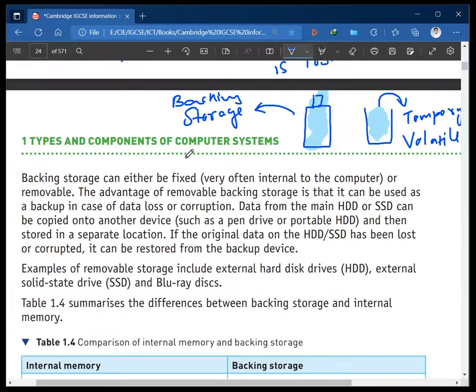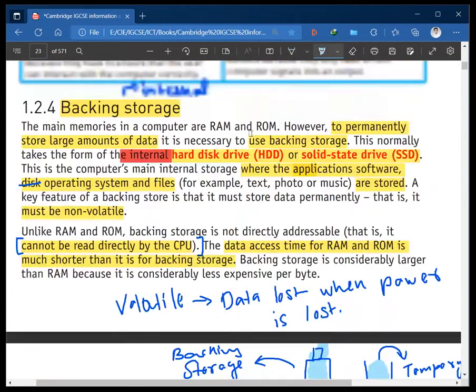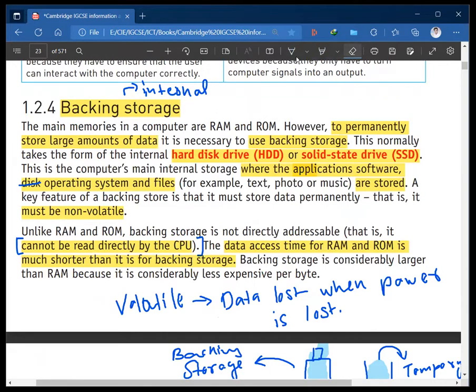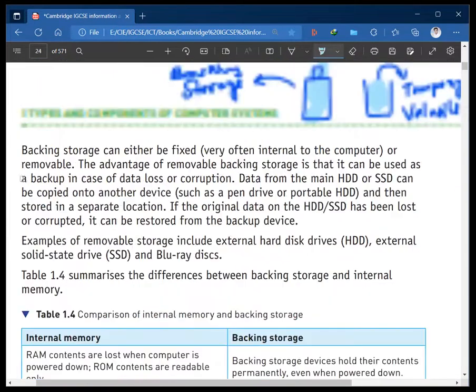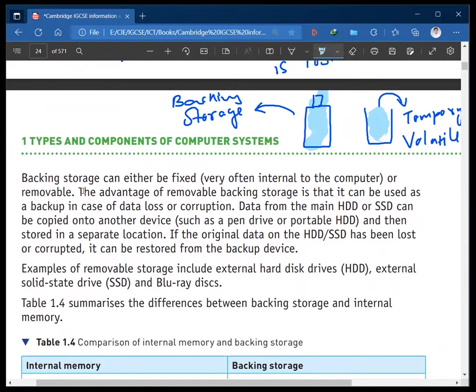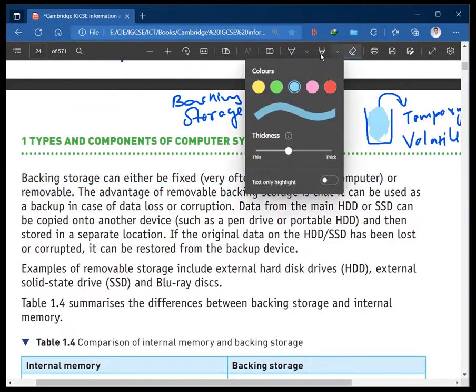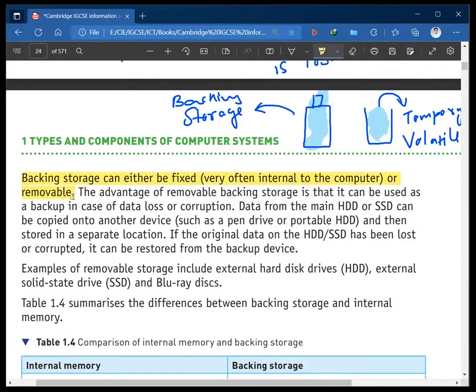Now you don't have to care about the internal part actually. Let's continue over here. Read from here, the whole thing. Start.